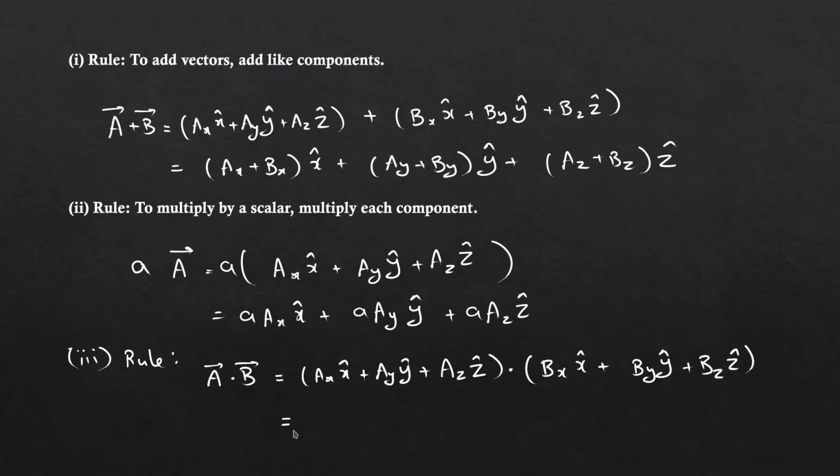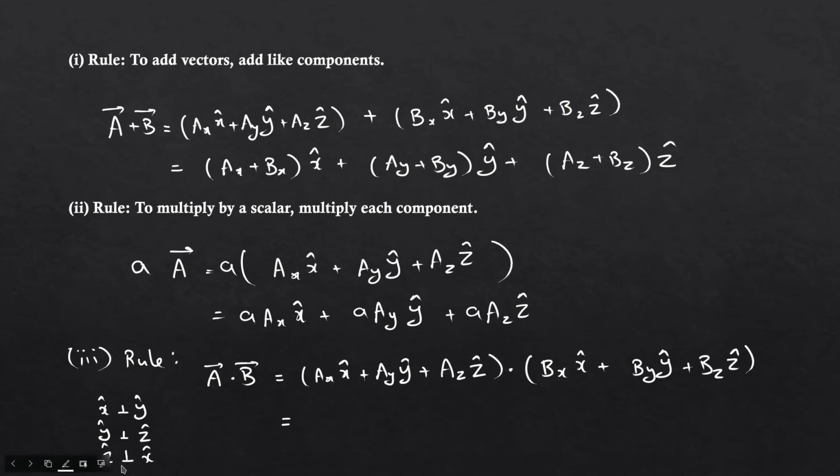Now this will be like normal multiplication, but most of the terms will be 0, because the dot product of perpendicular vectors is 0. So x cap is perpendicular to y cap, y cap is perpendicular to z cap, and z cap is perpendicular to x cap.